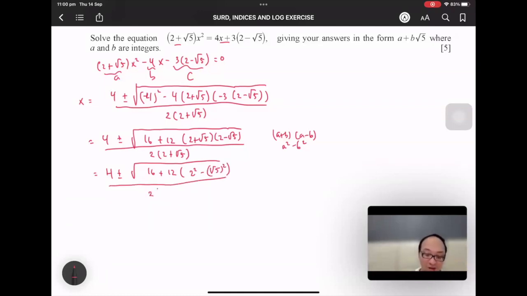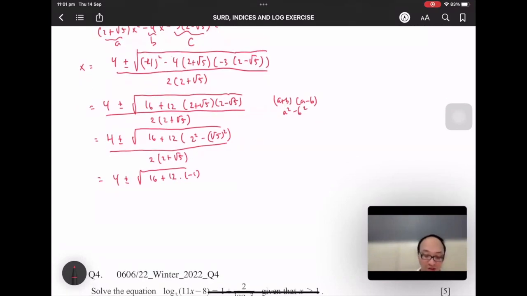So 4 plus or minus the square root of 16 plus 12 times 4 minus 5. So it's negative 1, over 2 times 2 plus root 5. So equals 4 plus or minus root of 4.